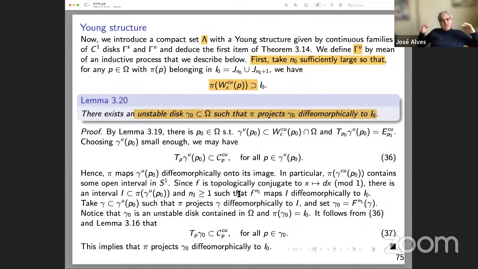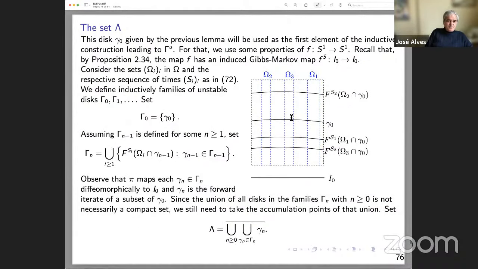So when we reproduce that above, it tells us that any unstable disk I take grows to a scale of order I0. So I0 is when I project down, okay? When I project down, it is of order I0. So this is the idea of this line.